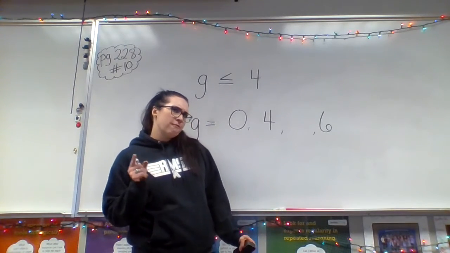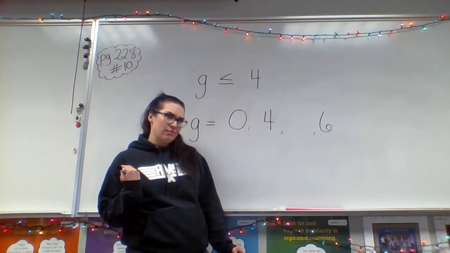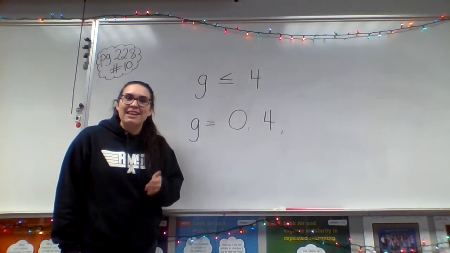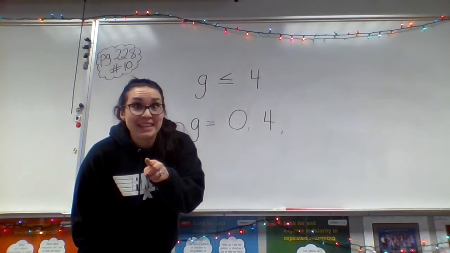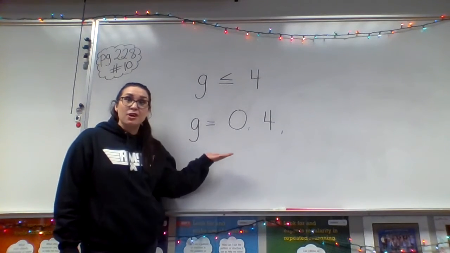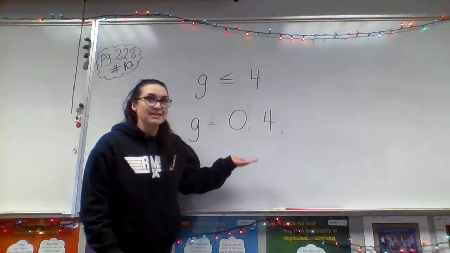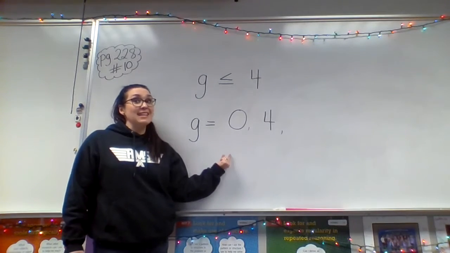Is it true or false that 6 is either less than 4 or equal to 4? Of course not. So for problem number 10, the only two possible values, at least from the ones that they listed and gave to us, are 0 and 4, because these are the only two numbers that it gave to us that are either equal to 4 or less than 4.